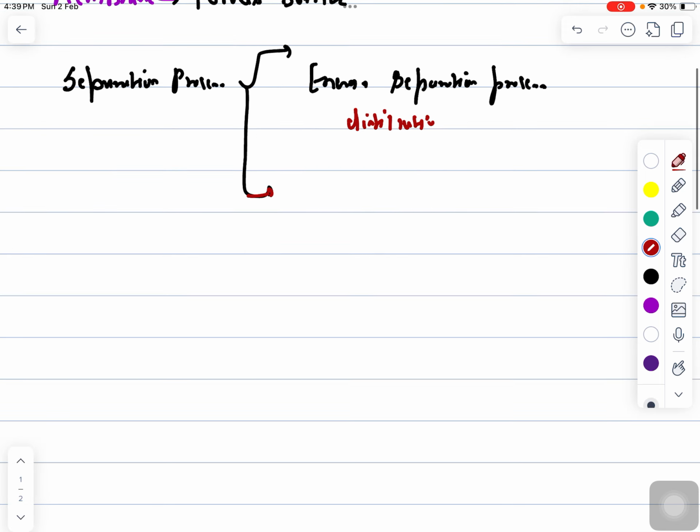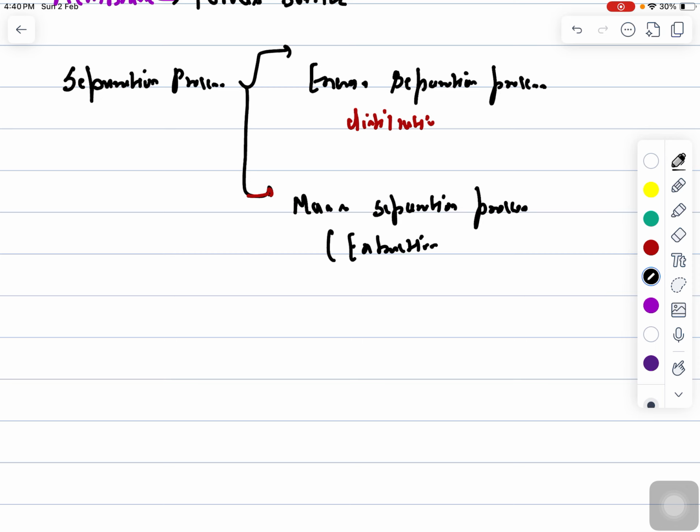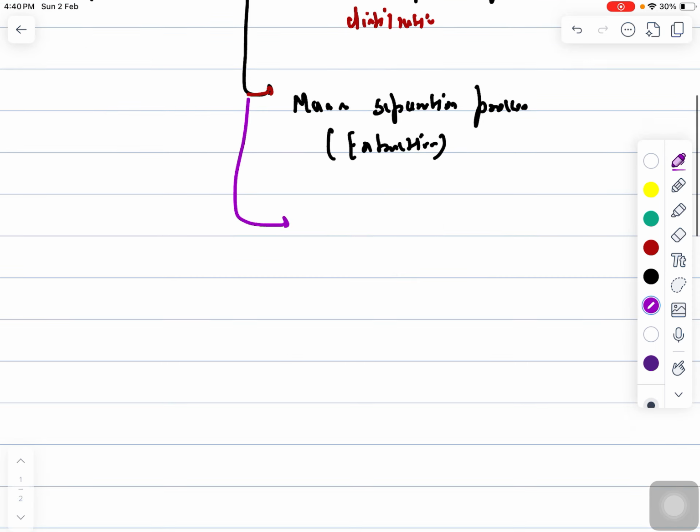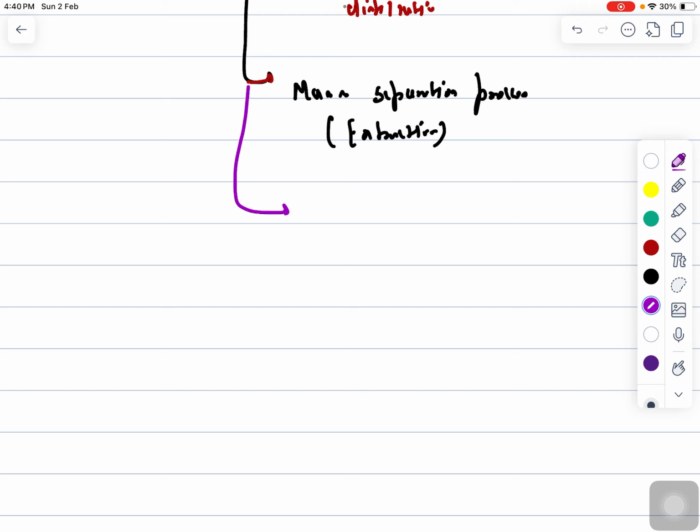Another can be the mass separation process, then it comes to extraction, and again the external agent separation process, or separation based on an external agent, like membrane here.